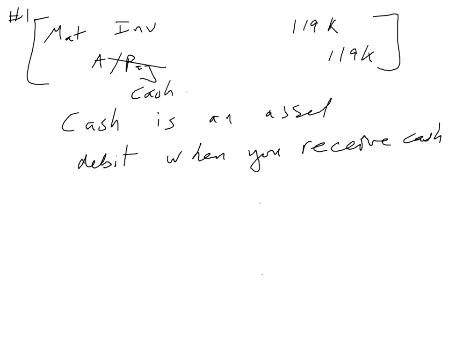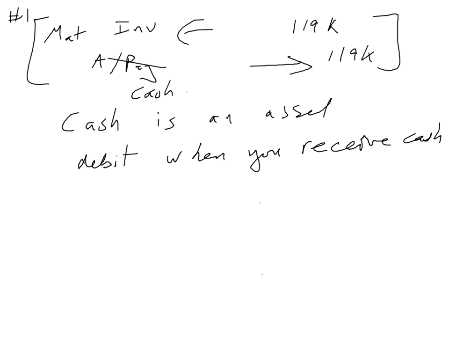When you're paying out cash, that's a credit, so that goes on the right side. And then that means your other account must be a debit to make it balance. That's the beauty of double entry accounting. That's the easiest way to remember it, and that's how I always remember it.